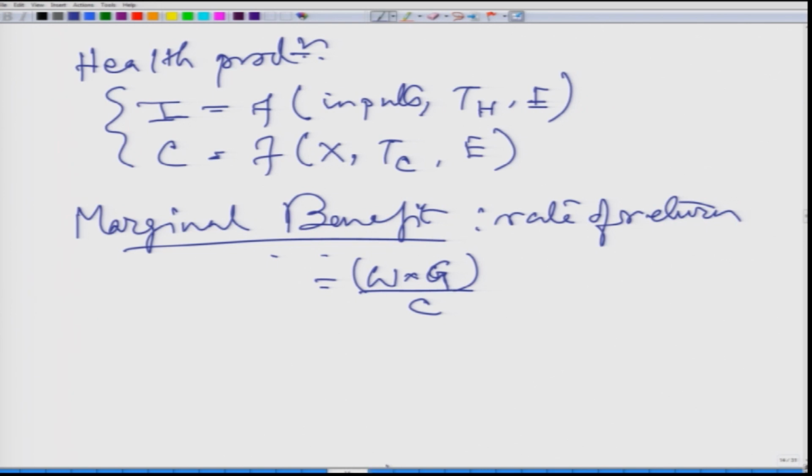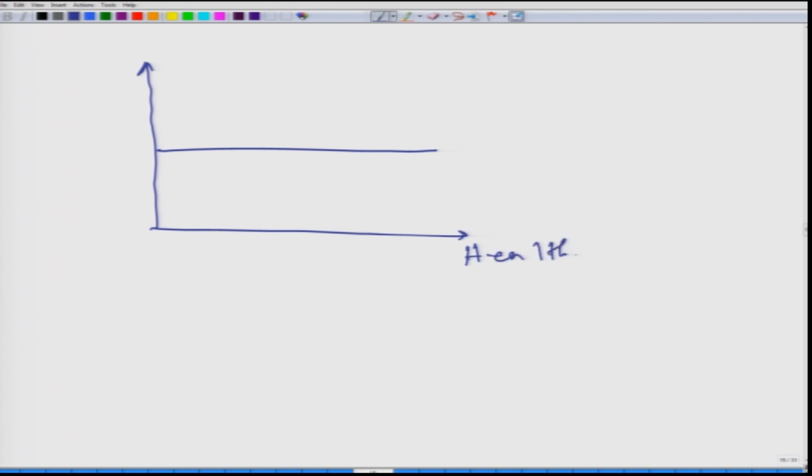So if we plot them together in Grossman's model, then we find that the cost will remain constant. This is my health stock. The cost will remain constant, and my real cost, as I said, is the interest rate as well as the depreciation.